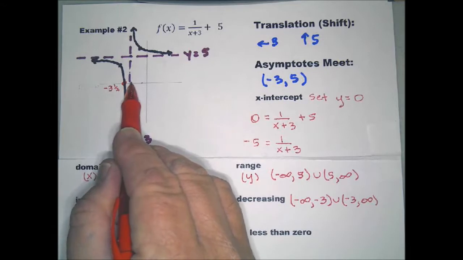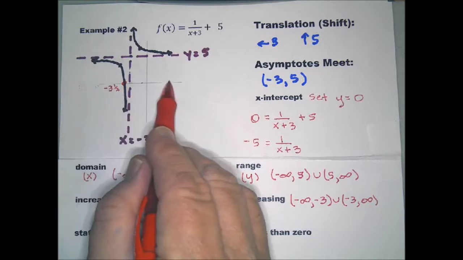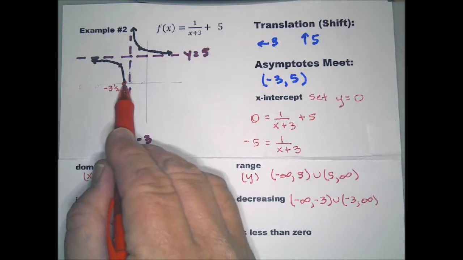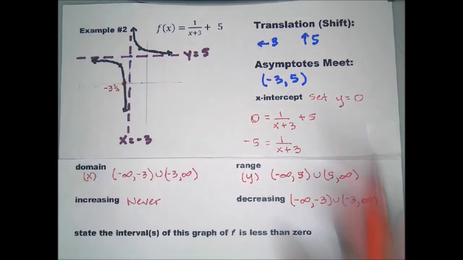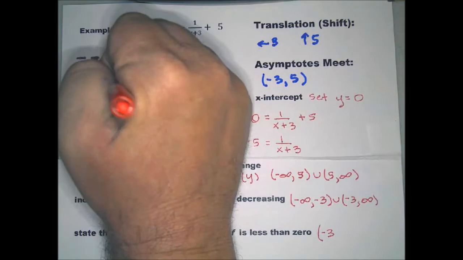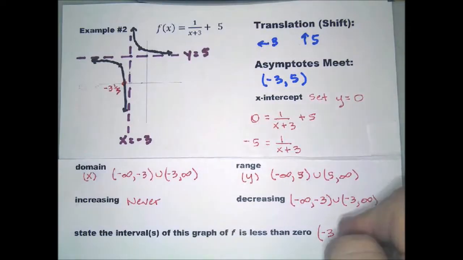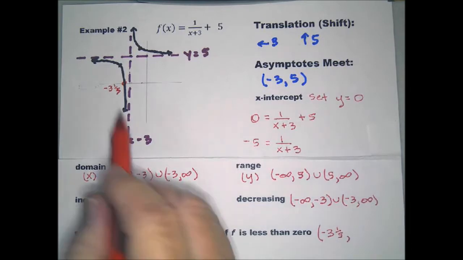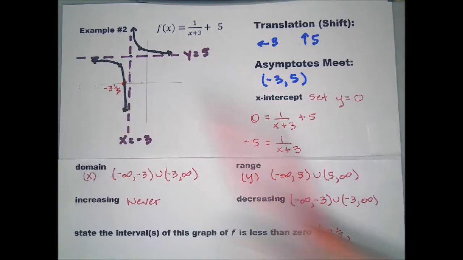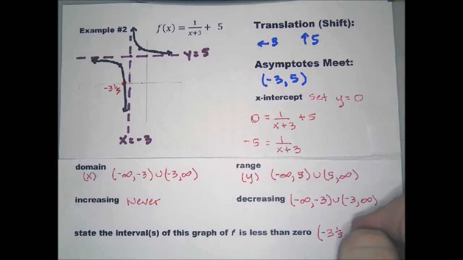Otherwise, it's always above 0. So all we have to do is name this tiny little region. Well, this tiny little region begins at -3 1/5, not -3 1/2, -3 1/5, and then it ends at the asymptote of -3.